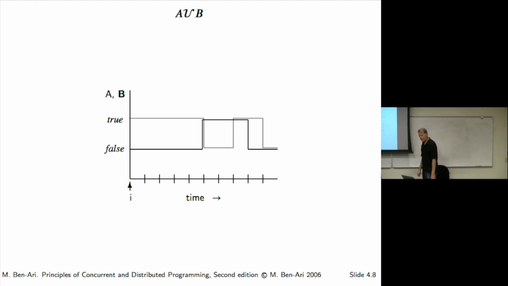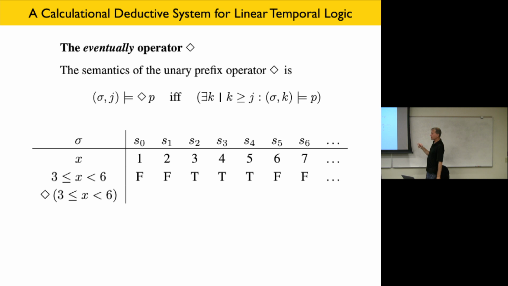Okay? Now, the next operator is the eventually operator. That's this diamond. And now, what does eventually mean? It's going to happen sometime in the future. Like, eventually you'll get a job.